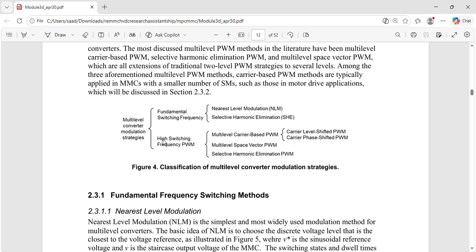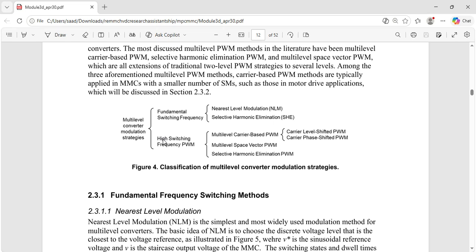Why are we interested in fundamental switching frequency? It is because we have a huge number of submodules, maybe in hundreds, in an HVDC system. Each half bridge submodule contains two switches, so the number of switches is large.